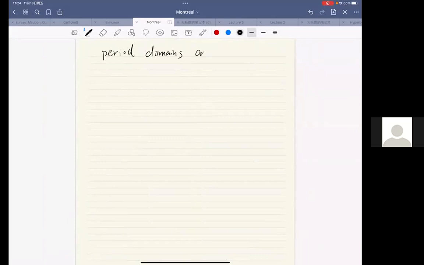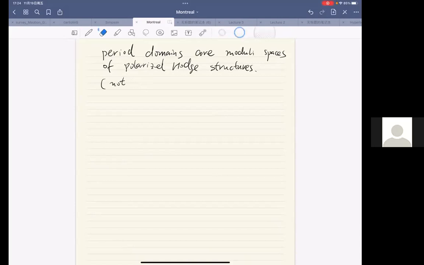So the period domains are just moduli spaces, or classifying spaces, of polarized Hodge structures. In general they are not algebraic, since they are not symmetric, and they are only homogeneous.